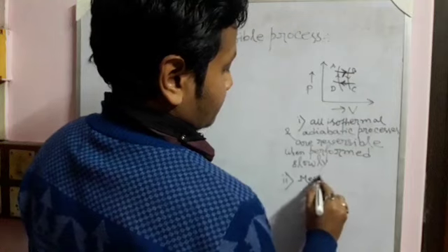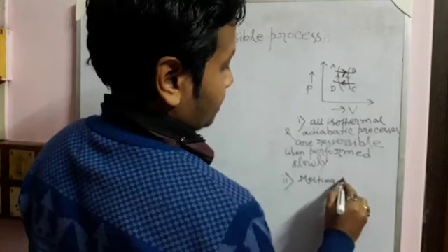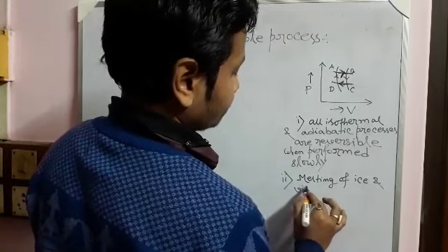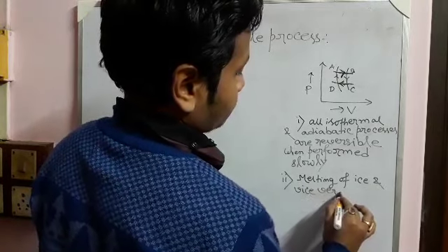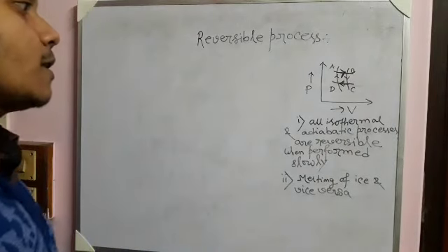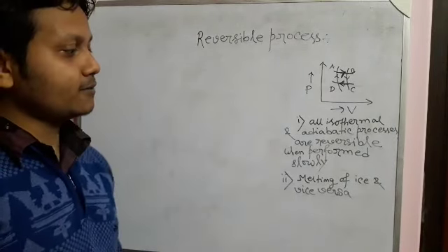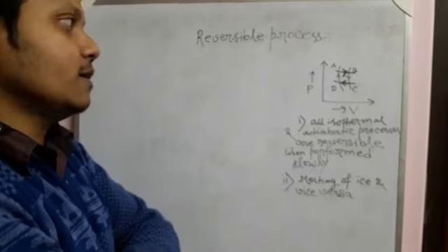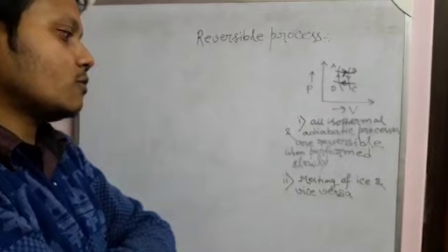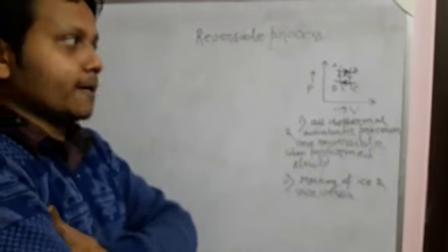Melting of ice and vice versa, so this is also an example. Okay, so all isothermal and adiabatic processes are reversible when they are performed slowly. This we took as an example, and we also took the conversion of ice into water and vice versa.